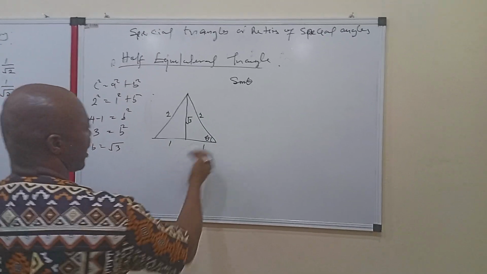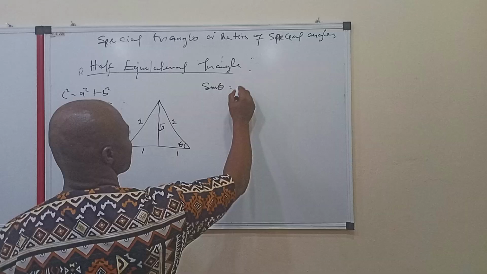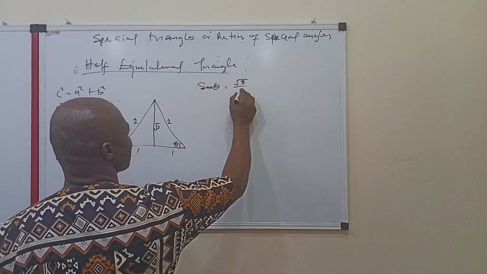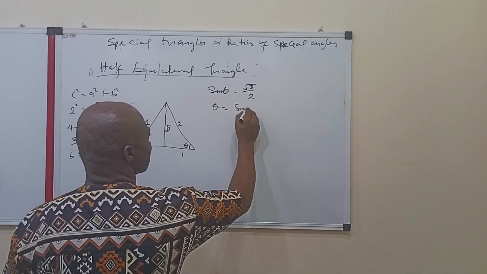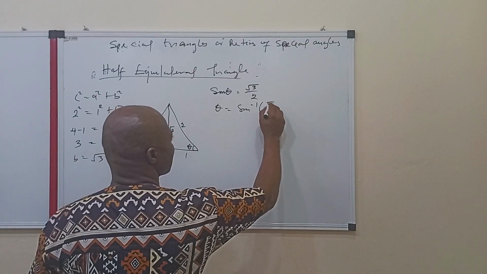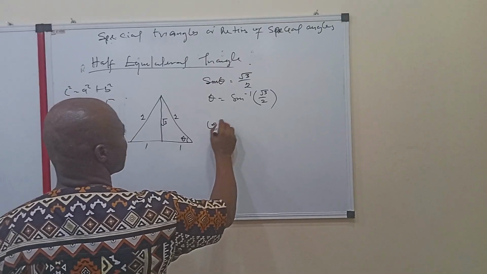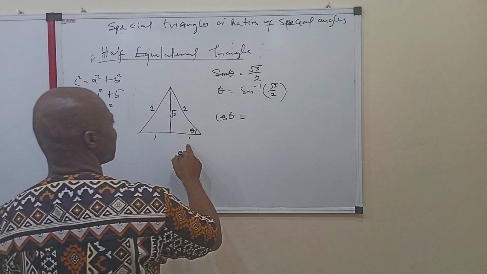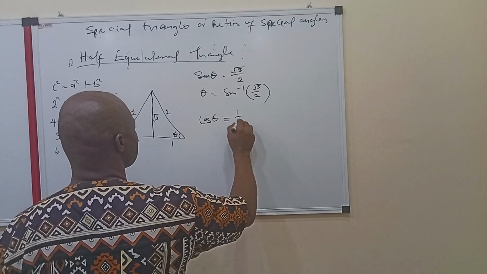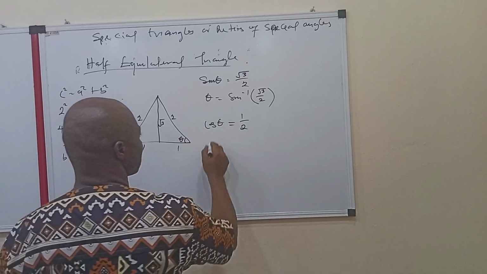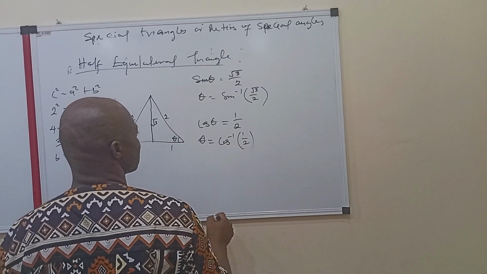So if we are interested in the sine of this angle, it is opposite over hypotenuse, which is root 3 over 2. So that theta becomes sine inverse of this over this. For cos theta, it is equal to adjacent over hypotenuse, which is 1 all over 2, so that theta becomes cos inverse of this.